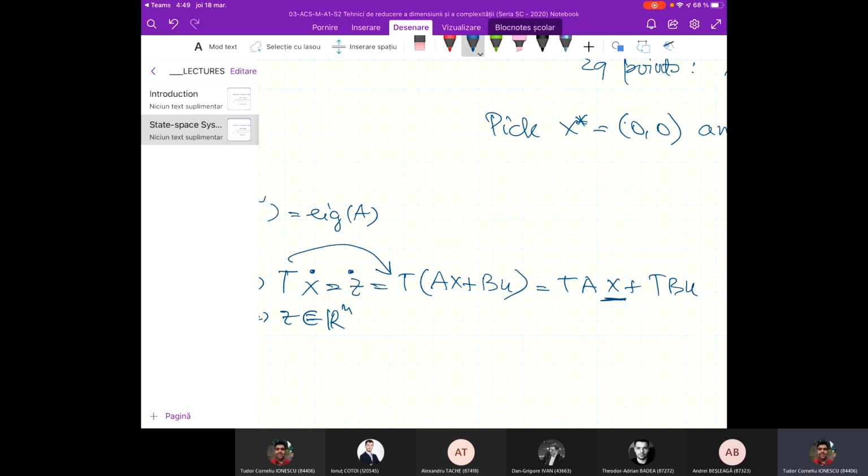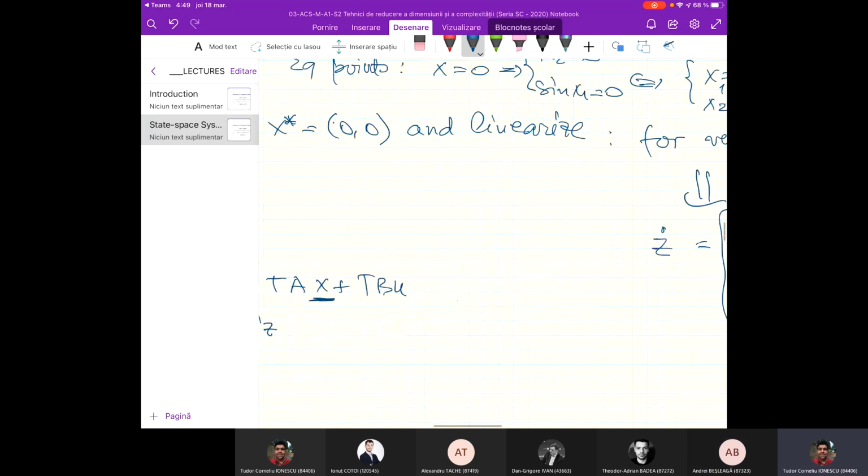Can you write x in terms of z? So z is Tx. T is invertible. Then who is x? Who is x? Inverse of T, T inverse multiplied with z. Exactly.